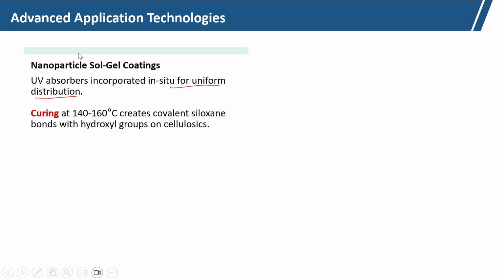So, the sol gel coating we can use for any cellulosic, hydroxyl group material like cotton.